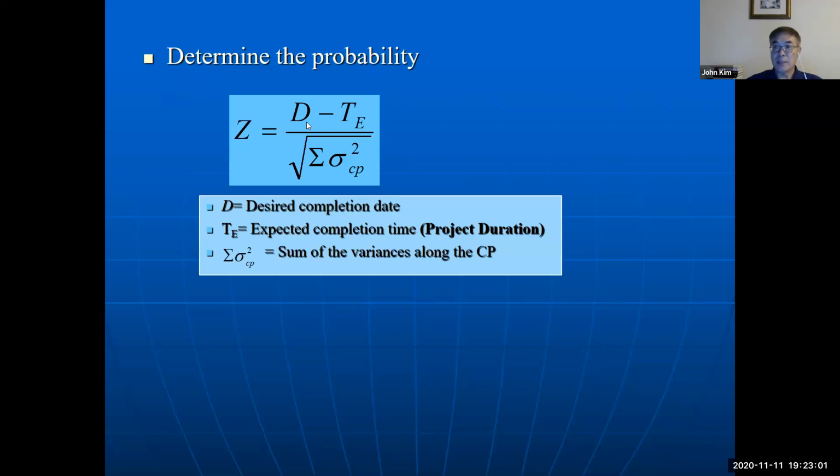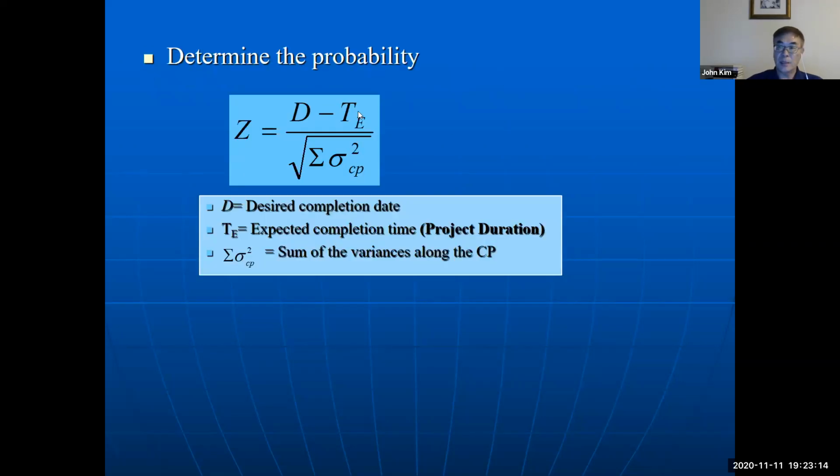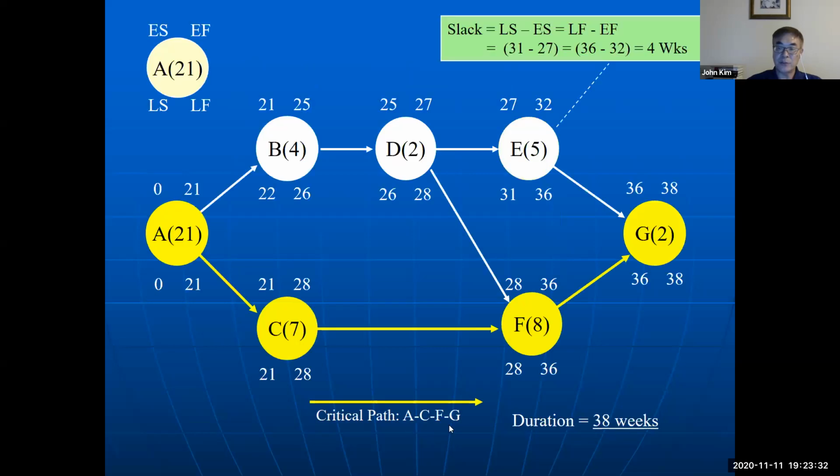Z equals D, that is the desired completion time, given time, like 35, minus T, the expected completion time, 38, and then divided by the square root of the sum of variances on the critical path. The critical path of this project is ACFG.